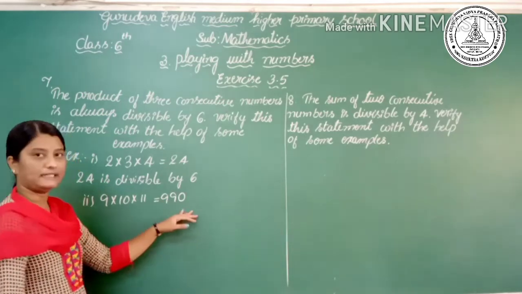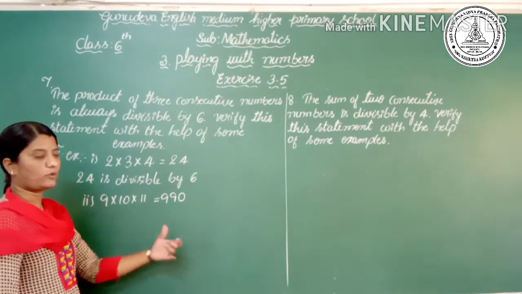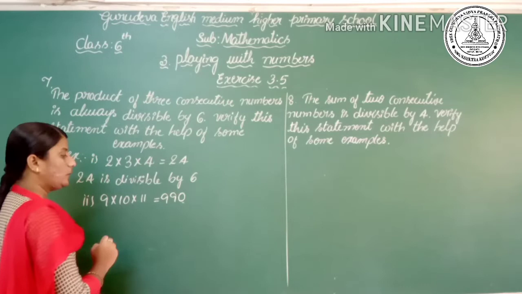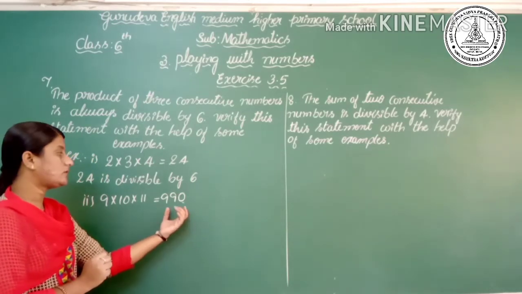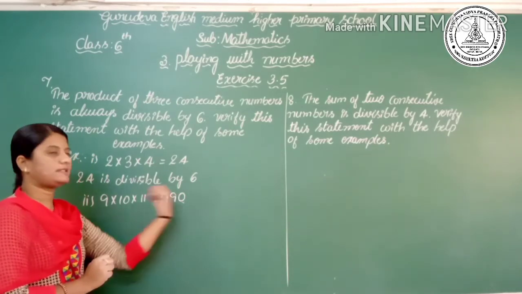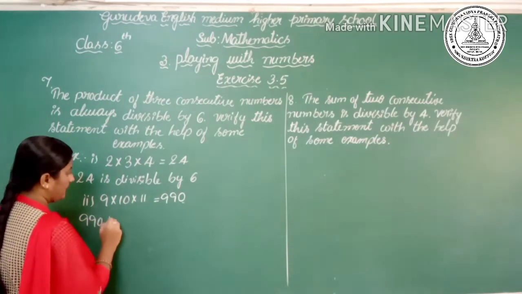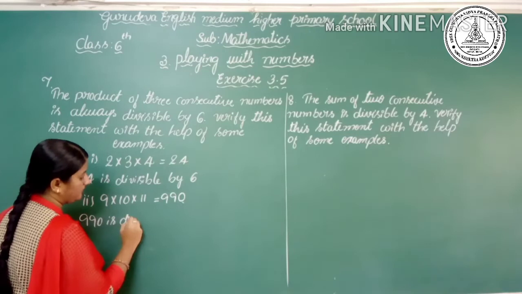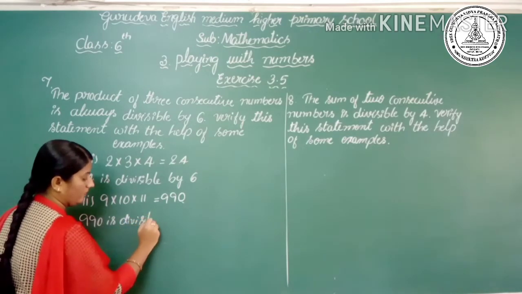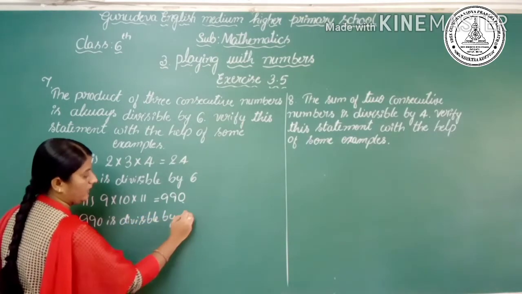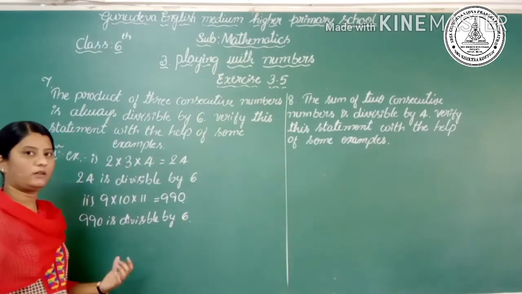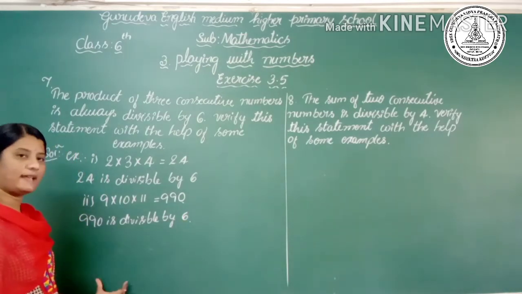So 990 is divisible by 6. Why? Because it is divisible by 2 and also divisible by 3. So hence it is divisible by 6. Okay. Then write here: 990 is divisible by 6. You can also write some more examples.